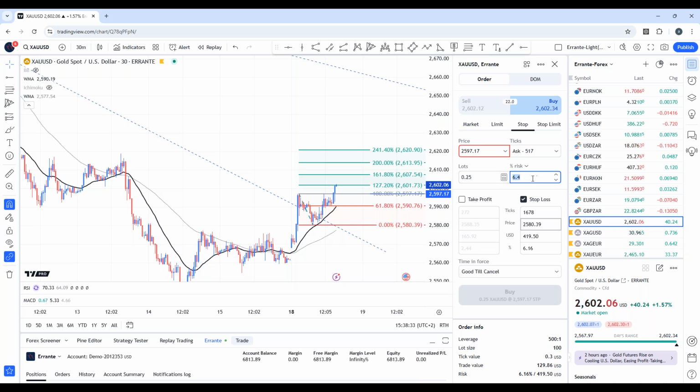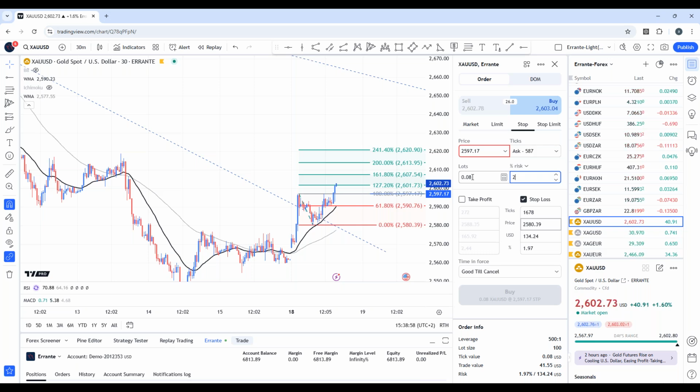So if I change the 6.4, which is the current calculated percentage risk that I'm going to take in this trade, to 2, you see with the same price level as my stop loss, I get 0.08, 8 ounces of gold I'm able to take.